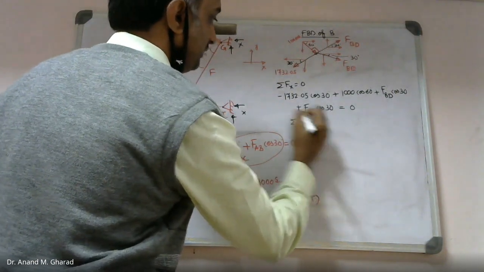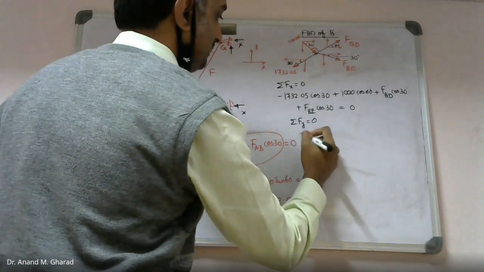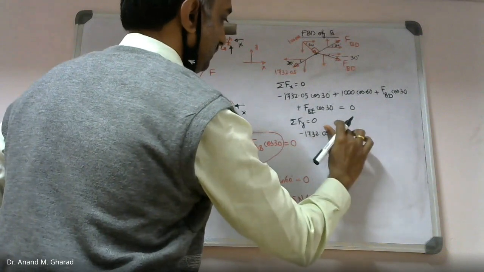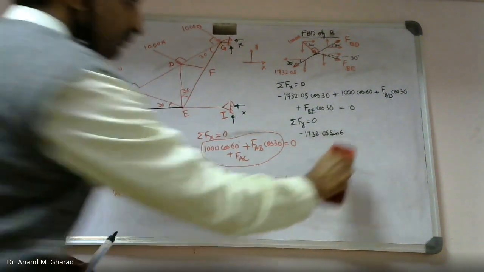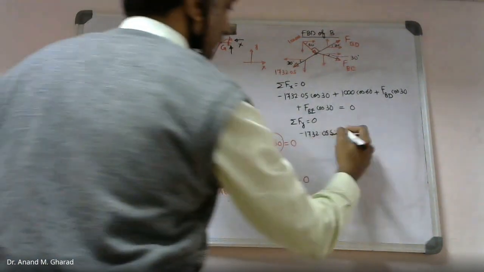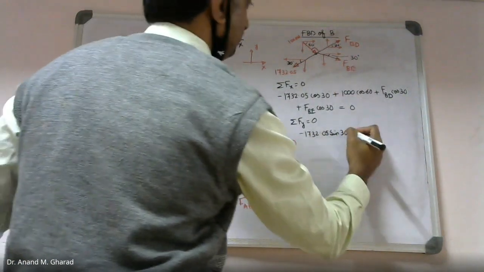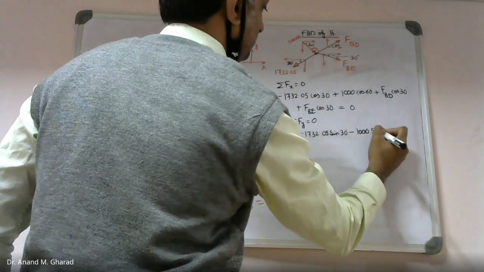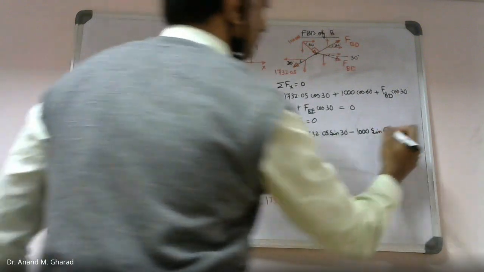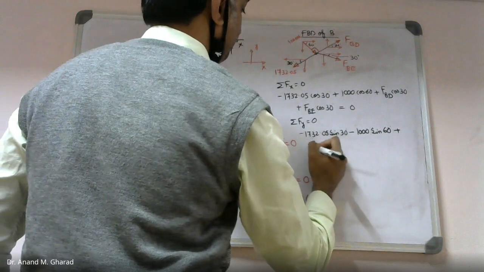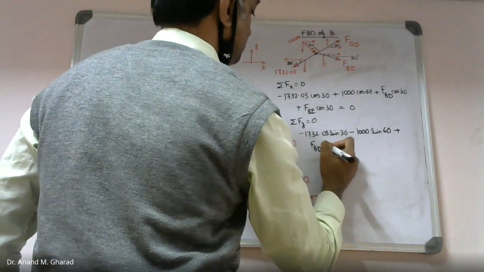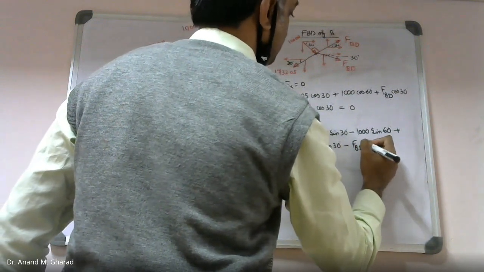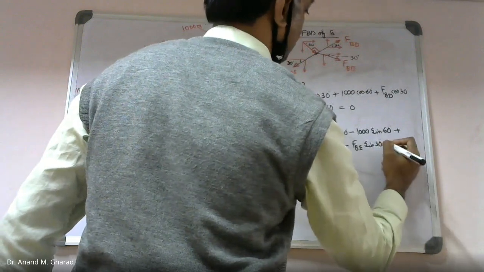Summation of force in y direction equal to 0: minus 1732.05 sine 30, negative, then negative 1000 sine 60, plus FBD sine 30 minus FBE sine 30 equal to 0.